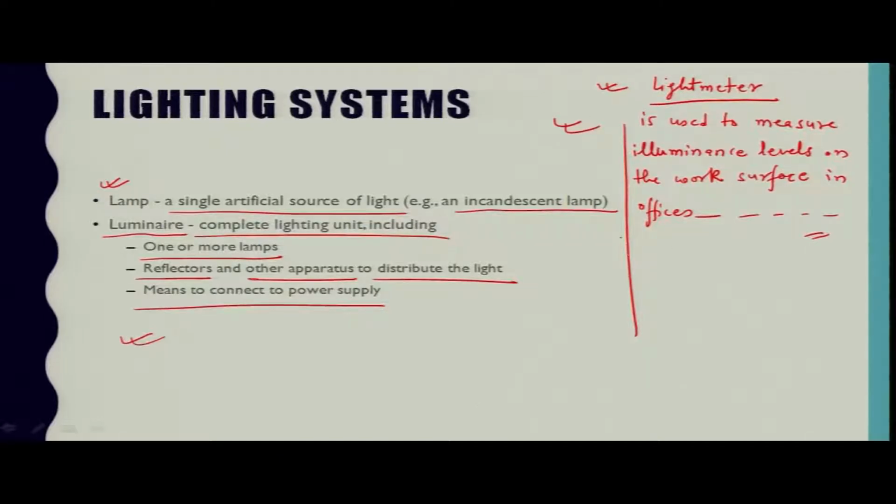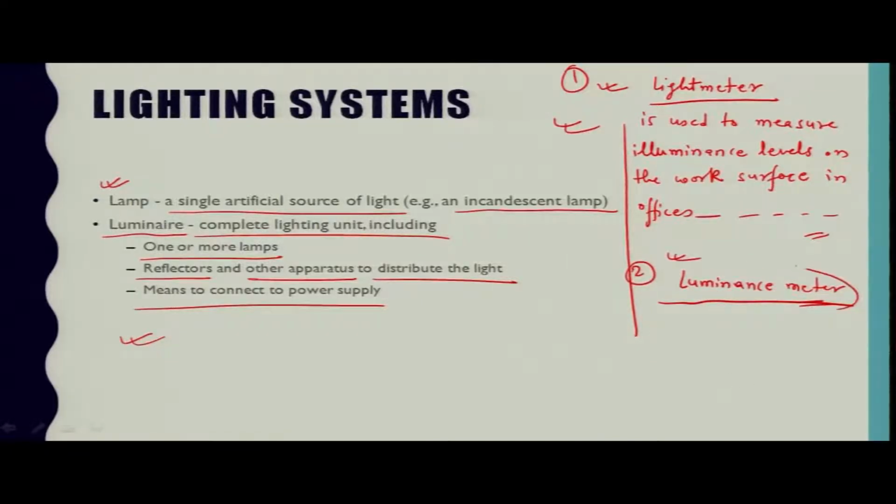Another tool which is also available to check the lighting system or light intensity is the luminance meter. This luminance meter is commercially available. They look a little like video cameras and give the luminance of a small region of any surface they are directed at.